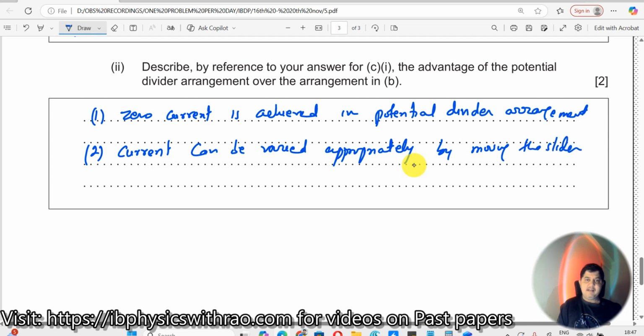And the maximum current is equal to 60 milliamps in the potential divider arrangement.